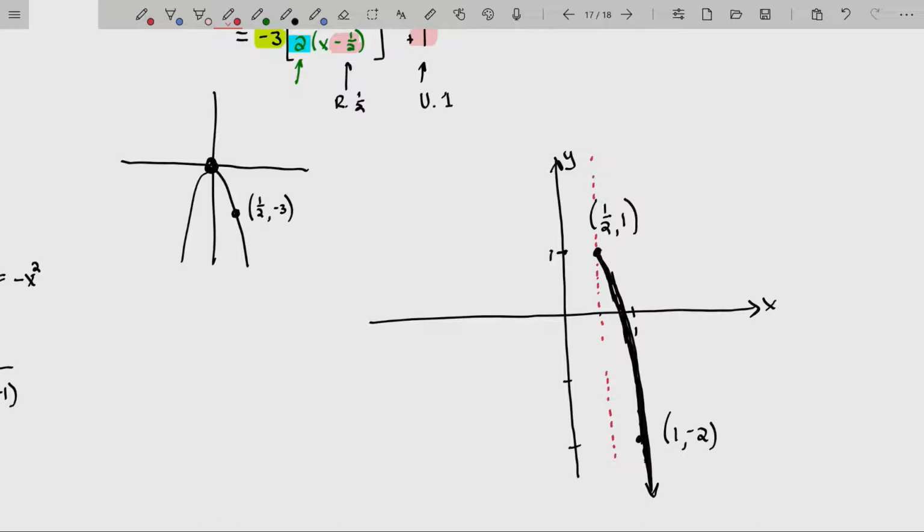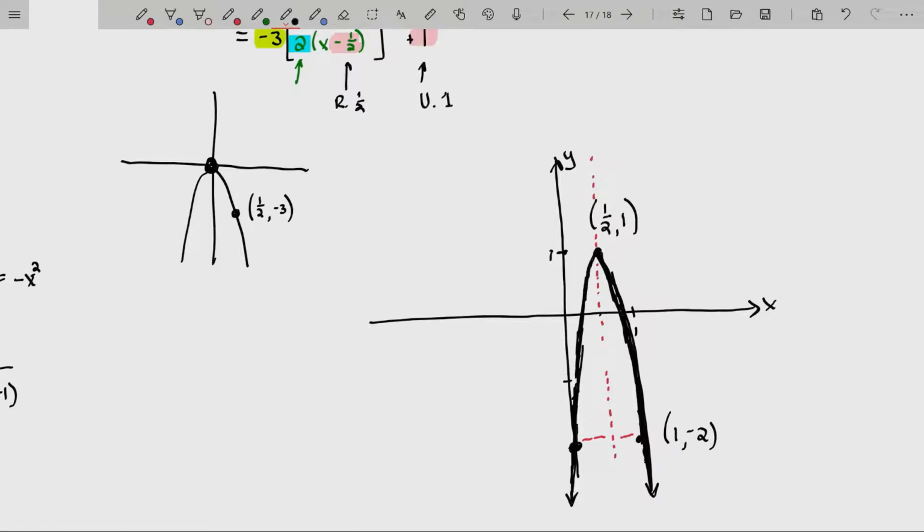So this distance here is a half, so the distance here should be a half. So I know that it's also going to go through this point. And so I will go ahead, try to connect those appropriately. It takes a little bit of work to do that, but you can see actually I did a decent job.